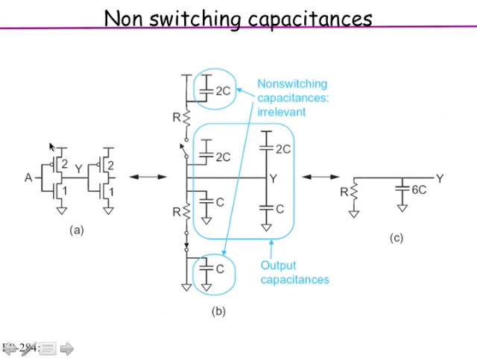So if you look at this gate, whose input is A, it has an R and a 2C, and R and C out here from the PMOS and NMOS, and that is connected to Y which connects to the inputs of the next inverter. That input of the next inverter presents a load of C at the NMOS and 2C at the PMOS.